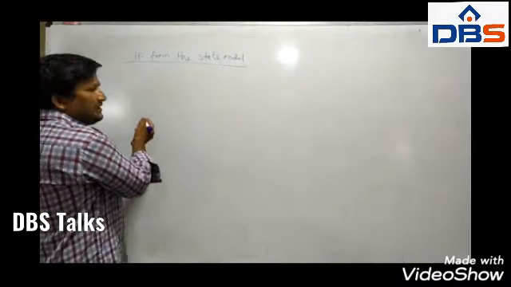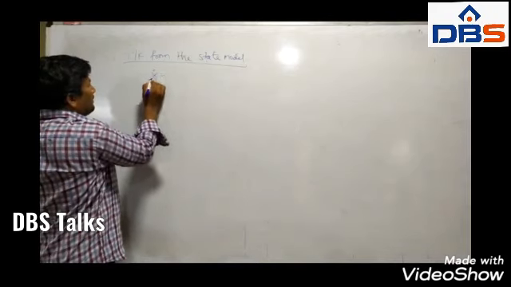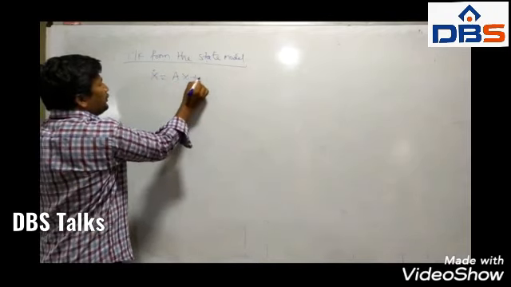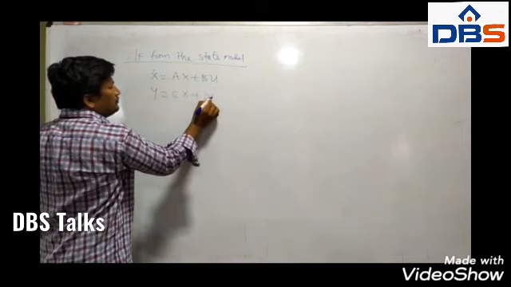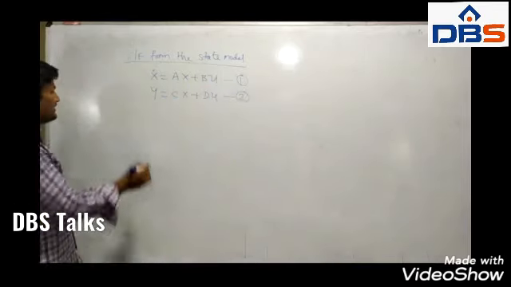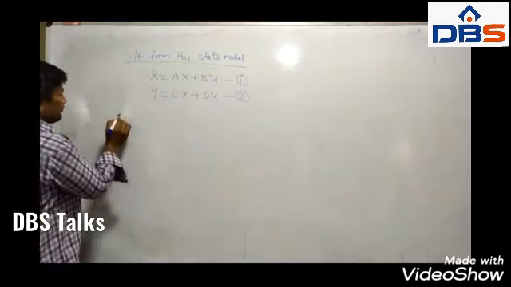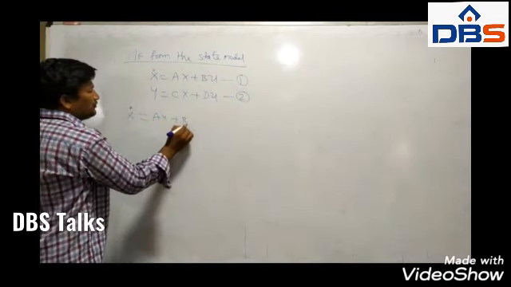Let us consider the standard state model equations, that is x dot equal to Ax plus Bu and y equal to Cx plus Du. So this is equation 1 and this is equation 2. Let us consider equation 1: x dot equal to Ax plus Bu.